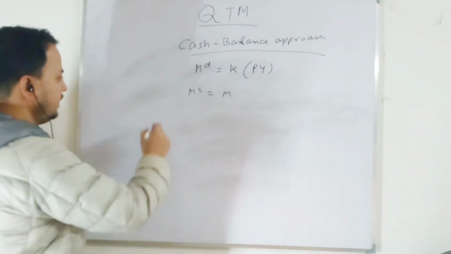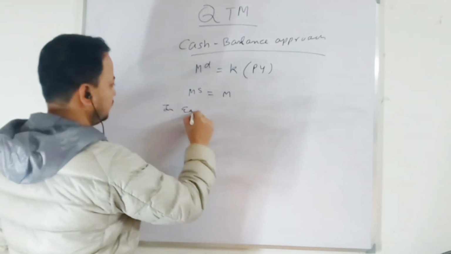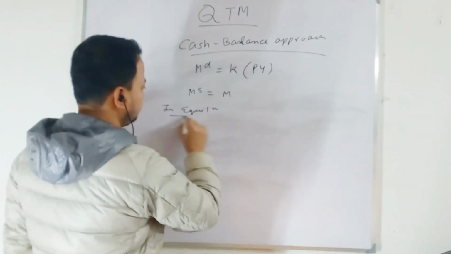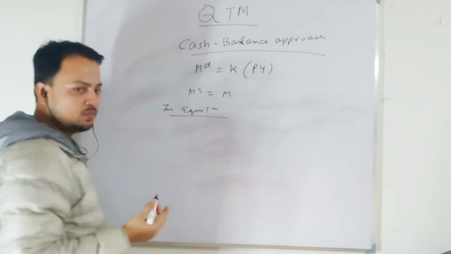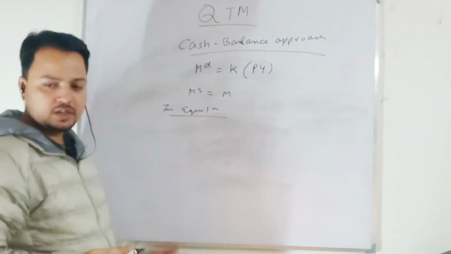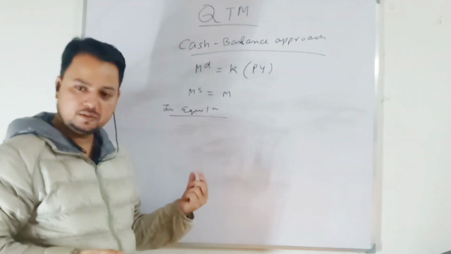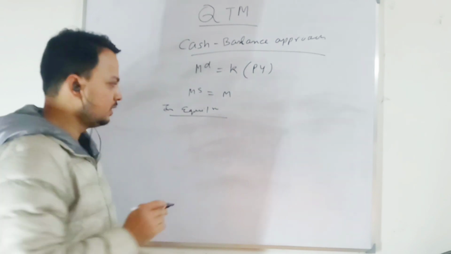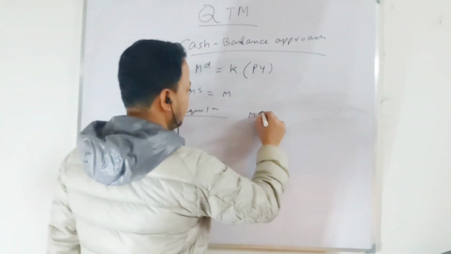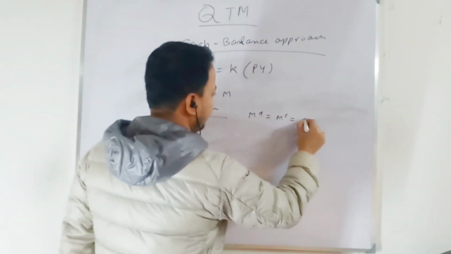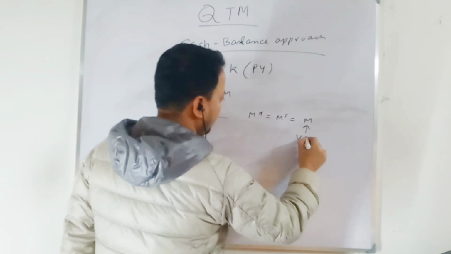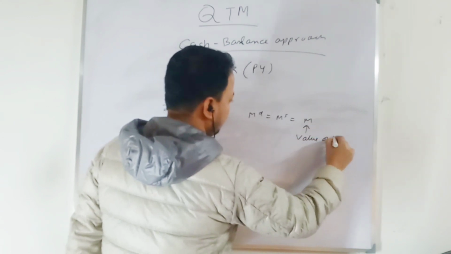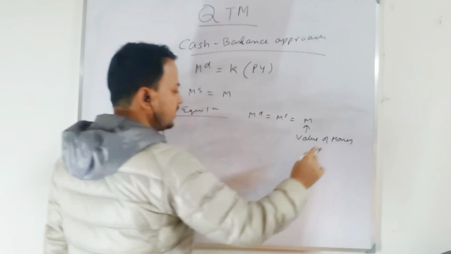And in equilibrium, money demand must be equal to money supply, right? Demand for money must be equal to supply of money. So money demand equal to money supply, and that will determine my value of money. Now why am I saying value of money?